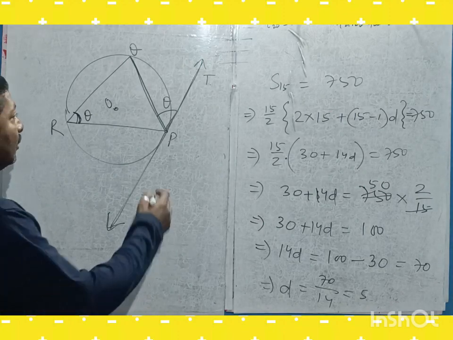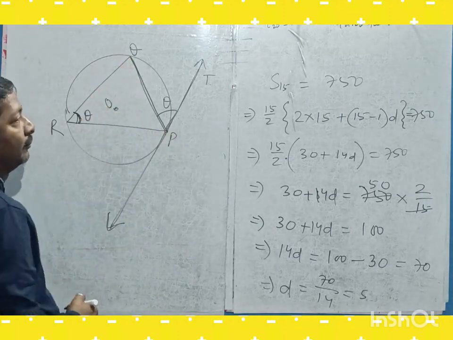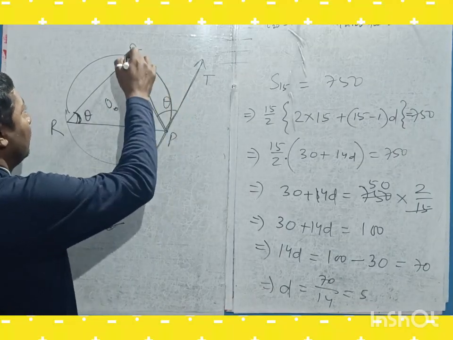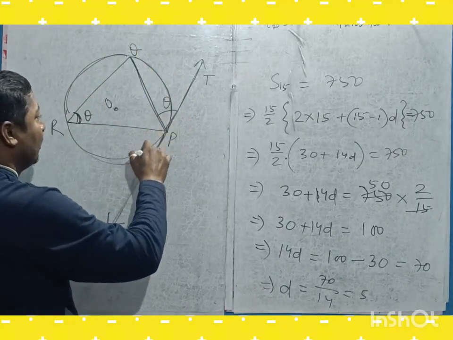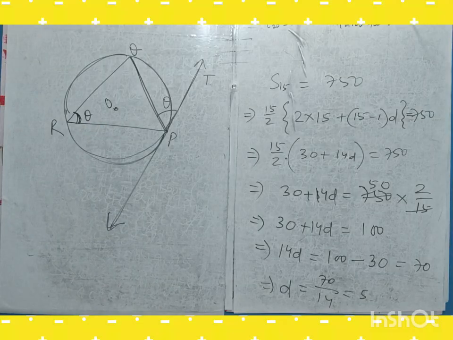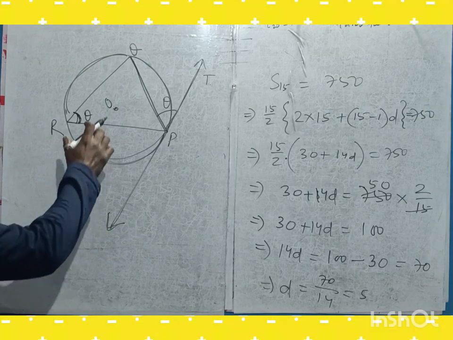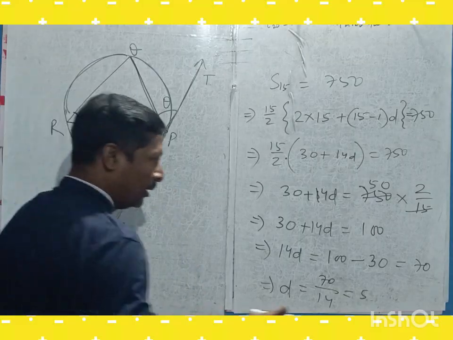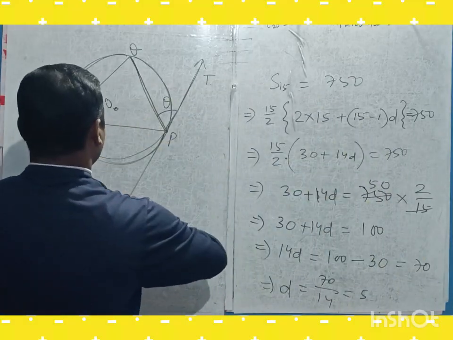Okay, towards the larger arc. This is smaller arc and this is the larger arc. Okay, so don't forget this application. Basing on this application, questions are coming. Let's calculate this one.